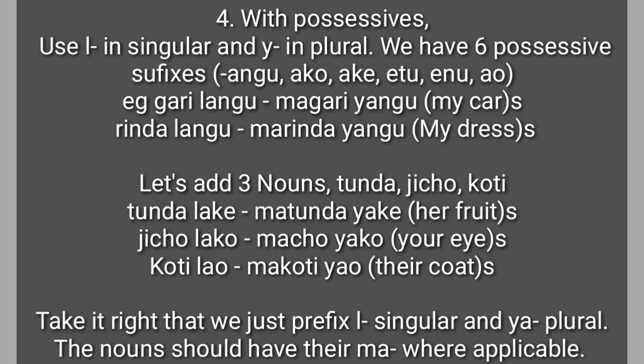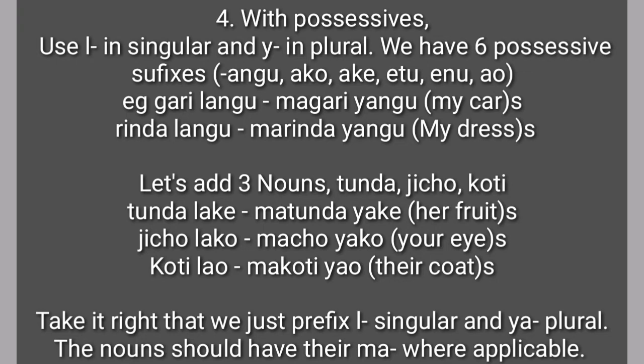La for singular. Magari yangu. Not magari mangu. Okay? We use ya for possessives in plural. Gari langu, magari yangu. Not gari angu, magari mangu. Okay? Be careful with that. Rinda langu, marinda yangu.